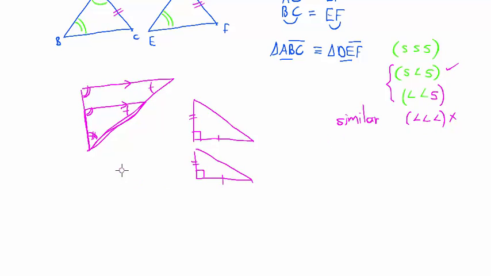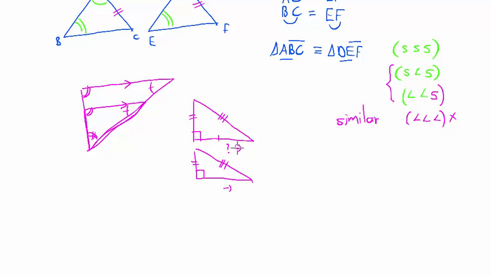But let's say they didn't give me one of these two sides. They gave me two sides, but not one of these two. So let's say they told me that those two are equal. Now, in a 90-degree triangle, that will also mean that this third one must also be equal, because if two of them are equal, then I can use Pythagoras to get the third one.